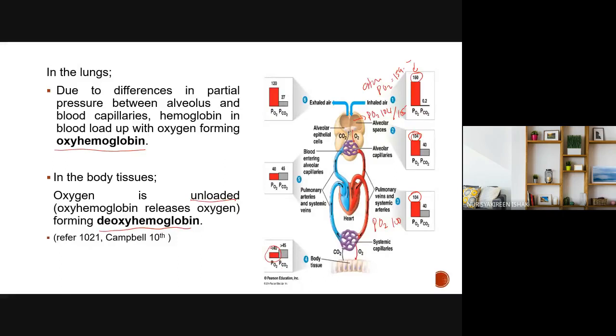So boleh nampak basically dia nak bagi tahu partial pressure of oxygen is high from outside, enter into the alveolus, into your blood vessels and into your blood, into your body kan. So kalau carbon dioxide vice versa lah kan. So from your body cells into the blood capillaries and into the alveolus and out when you exhale. So this is carbon dioxide, exhale out. Okay.